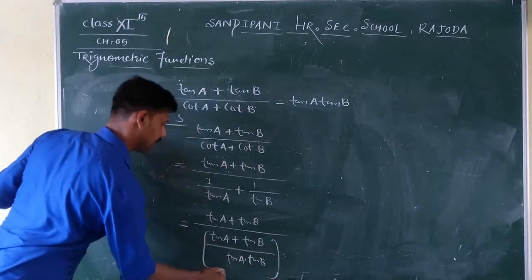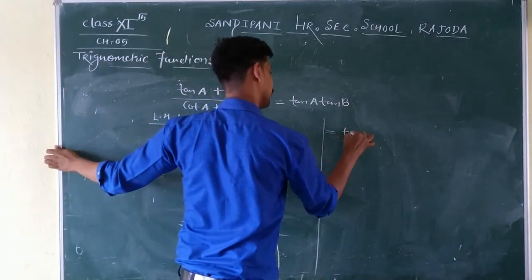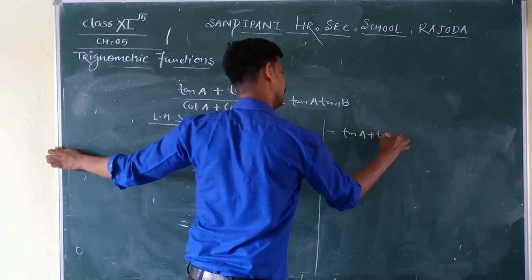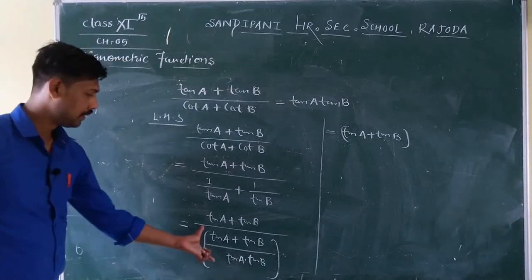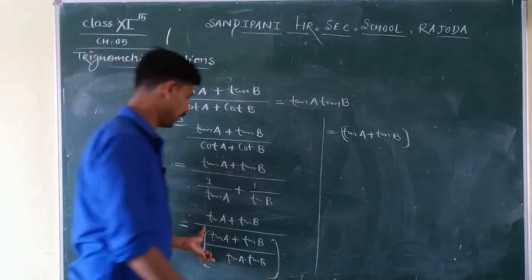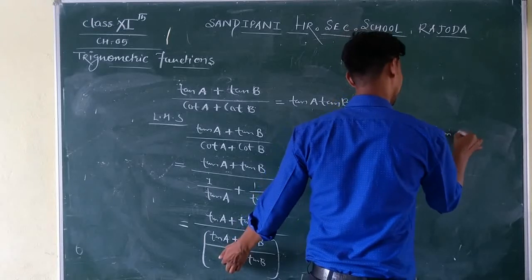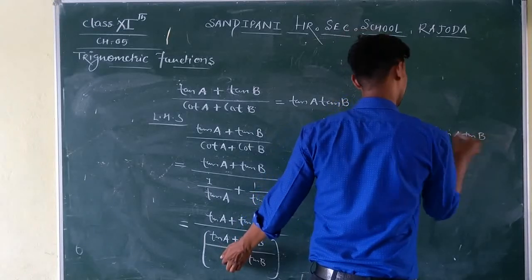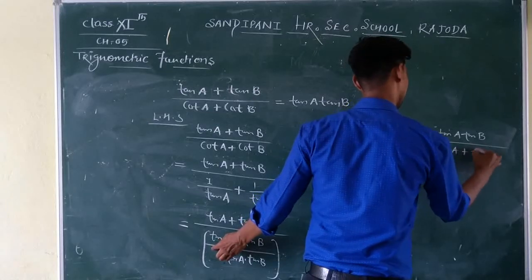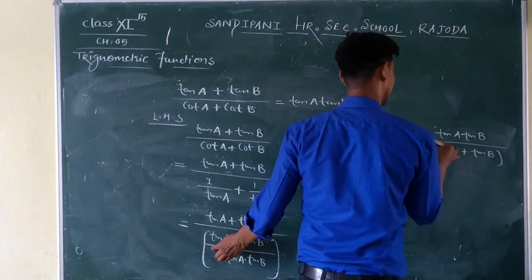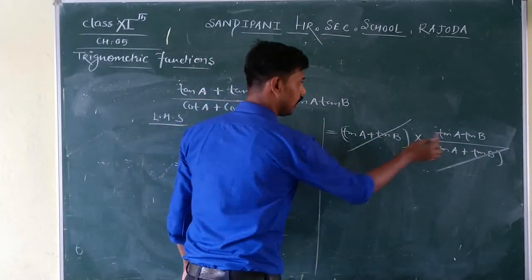Now tan A plus tan B as the numerator, and the denominator we convert into reciprocal form: tan A tan B upon tan A plus tan B. Here tan A plus tan B cancels out.